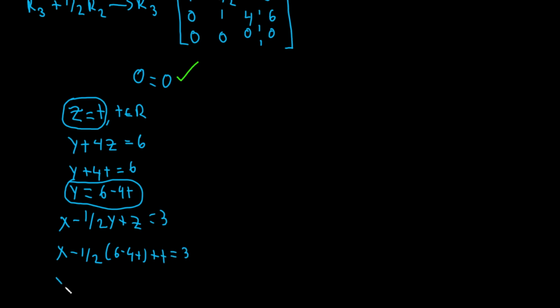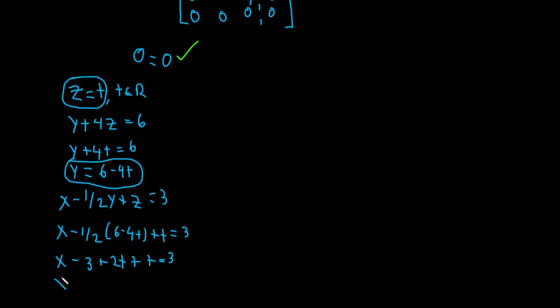Distributing, minus half times minus 4t is plus 2t, and then plus t, which is this term right here, is equal to 3. Solving for x gets us that x is equal to 6 minus 3t.